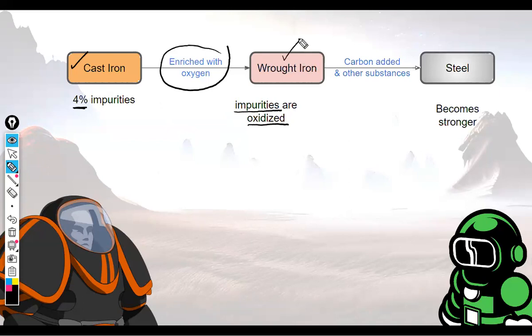Obviously, wrought iron is more expensive than cast iron. To make it even stronger, you take the wrought iron and add carbon and some other substances, but the main thing is carbon. When you add carbon to wrought iron, you get steel. Steel is way stronger than the other two, and steel is super expensive. So take down this little flow chart. You need to memorize it as well.